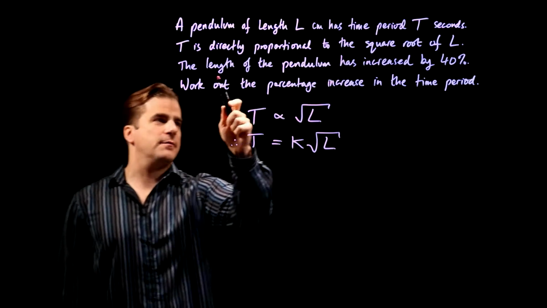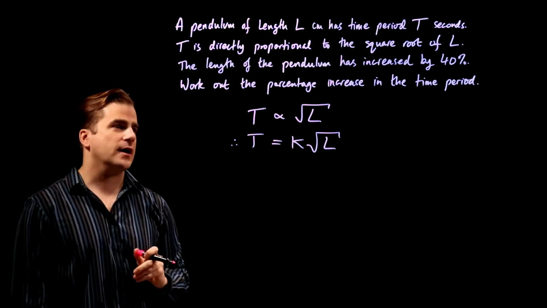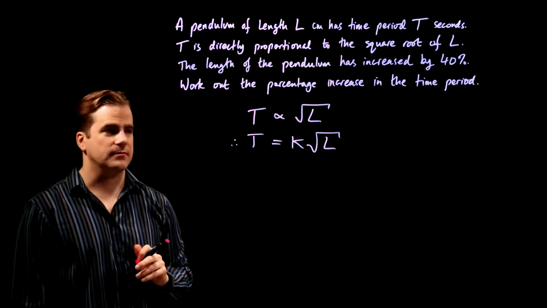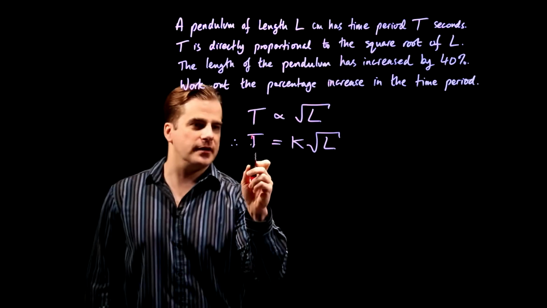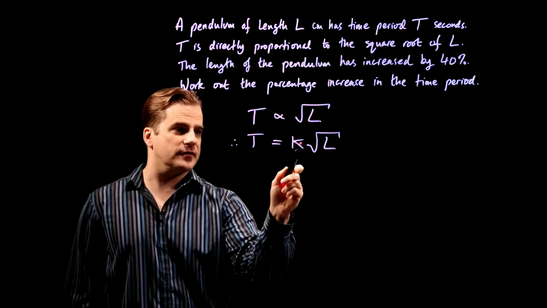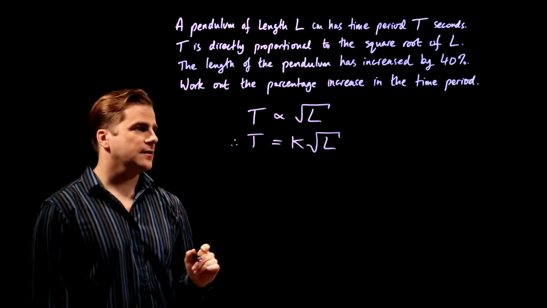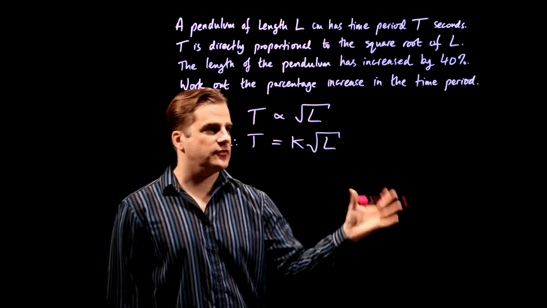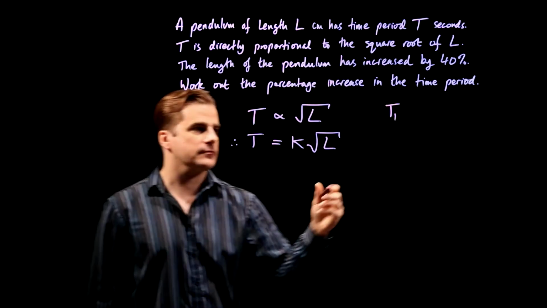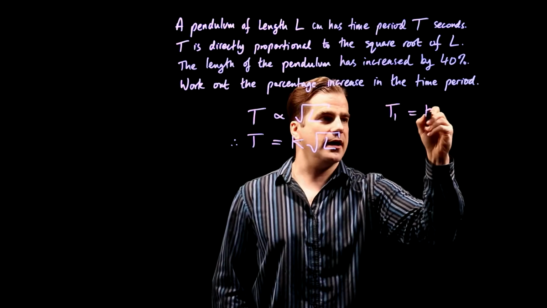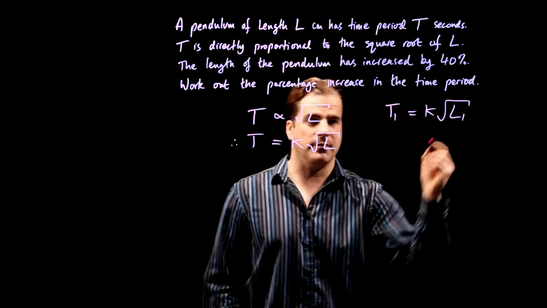Right, the length of the pendulum has increased by 40%. Work out the percentage increase in the time period. Okay? So, we've got that the time period is some constant times the square root of L. That means that for some time period T1, say, that's equal to k times the square root of some length L1.